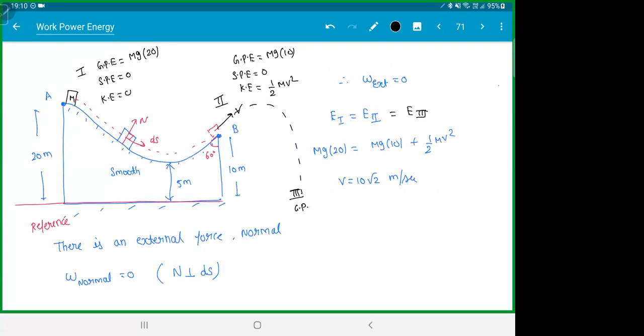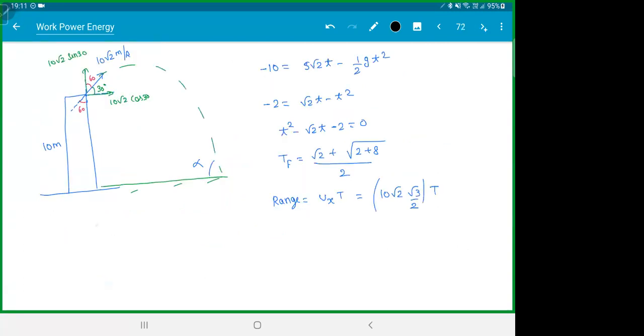Here the gravitational potential energy is 0. Spring is also 0. Kinetic energy will be half m vc square. So energy in state 1 is equal to energy in state 3. mg 20 is equal to half m vc square. m cancels. We get vc equal to 20 meters per second.